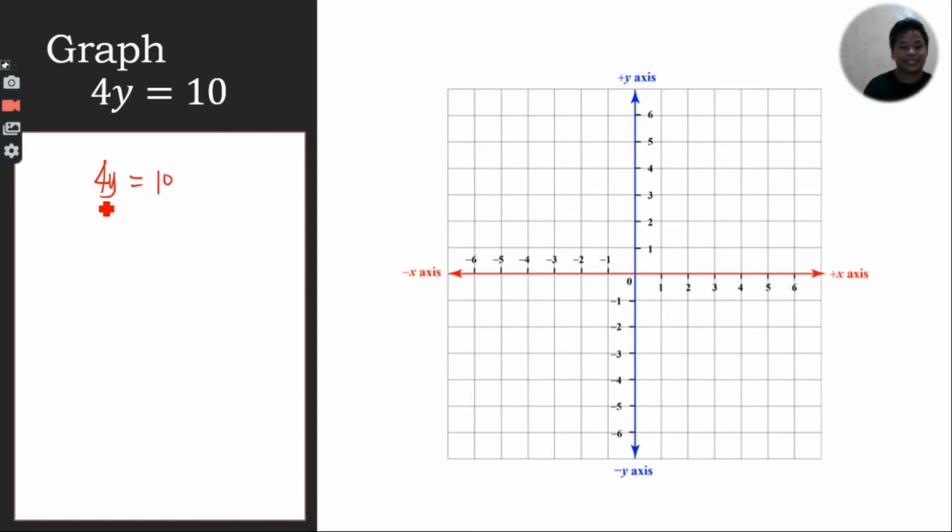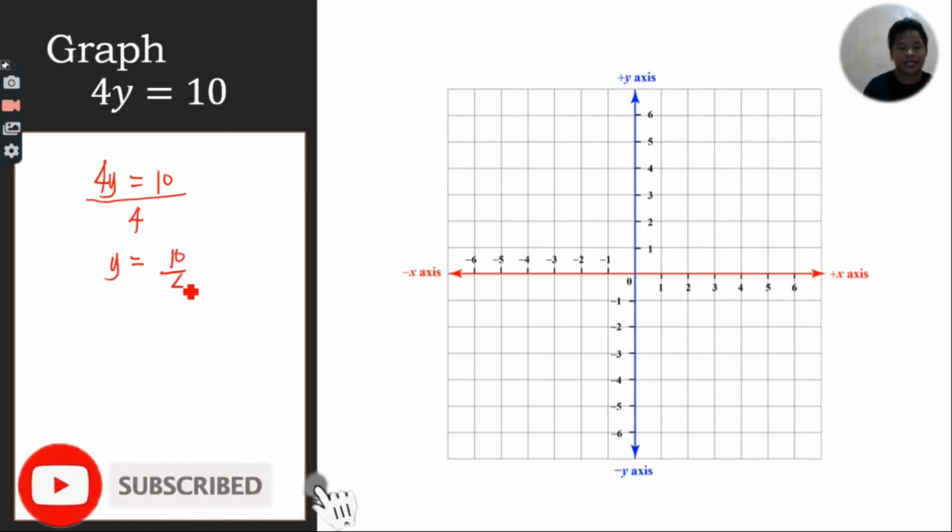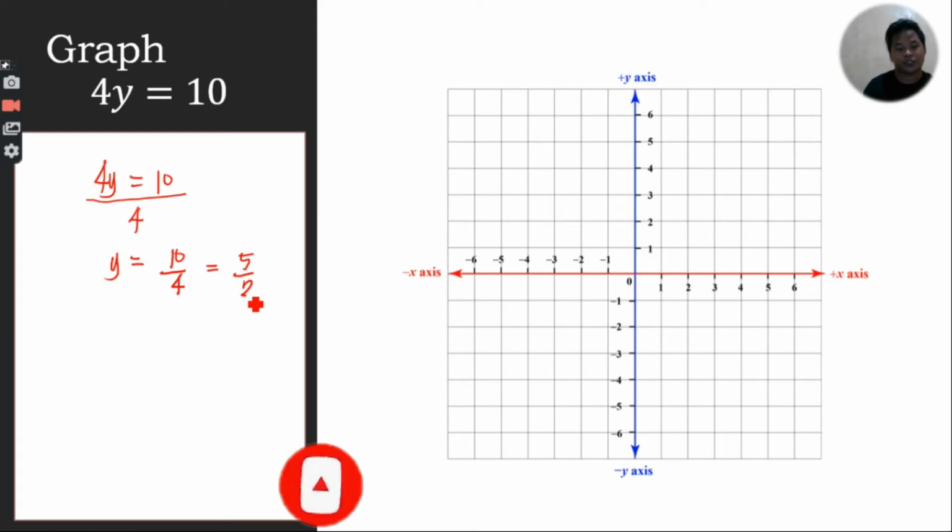Simplify po natin, dividing both sides by 4. So, y is equal to 10 over 4 is equal to 5 over 2. This means that the graph passes through the y-axis at 5 halves and it is parallel to the x-axis.